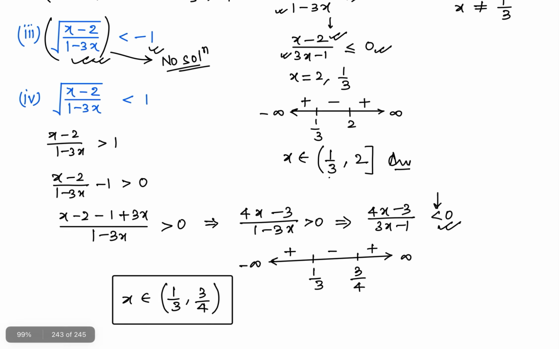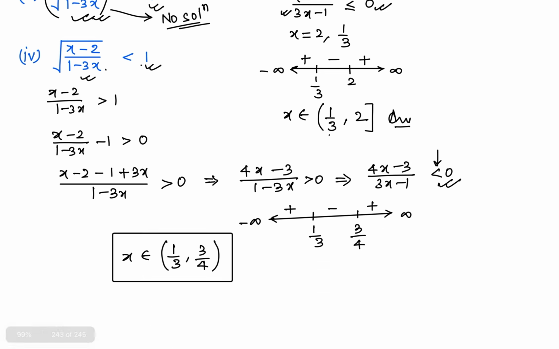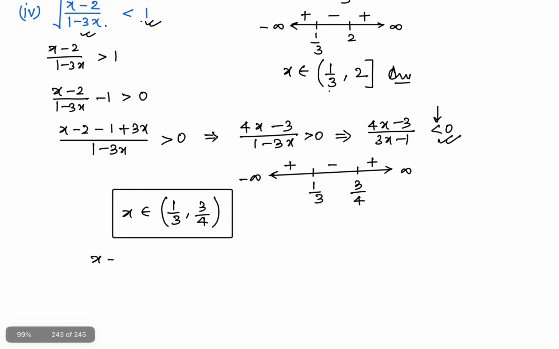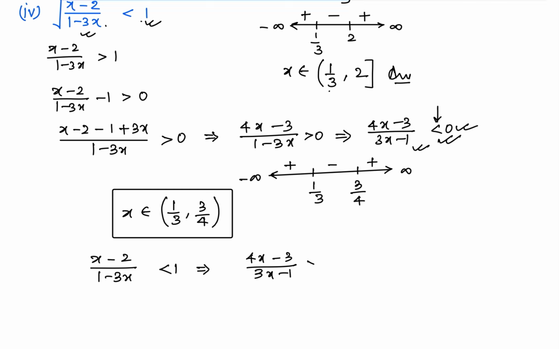In the fourth case again we can see that the root is always positive or 0, so we can square both sides here also. So (x minus 2) divided by (1 minus 3x) will be less than 1. So we will get the inequality like this only: (4x minus 3) divided by (3x minus 1), here it was less than 0, but here we will get greater than 0.